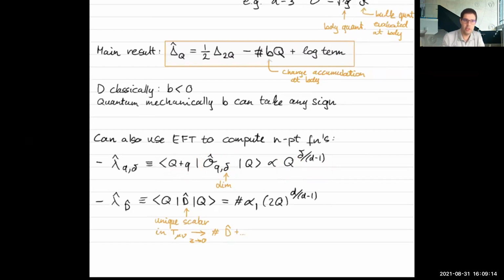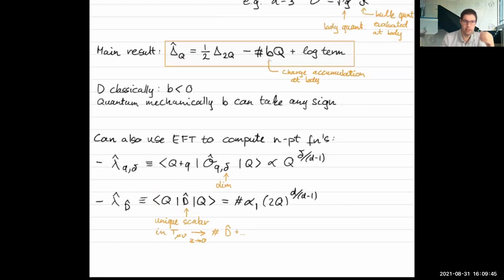There's a distinguished operator in BCFT called the displacement operator. That is the unique scalar that appears in the boundary OPE of the stress tensor. So if we take the bulk stress tensor towards the boundary, then we get this displacement operator. And so it plays a very important role in the study of BCFT. We can compute its OPE coefficient with this charge Q state.